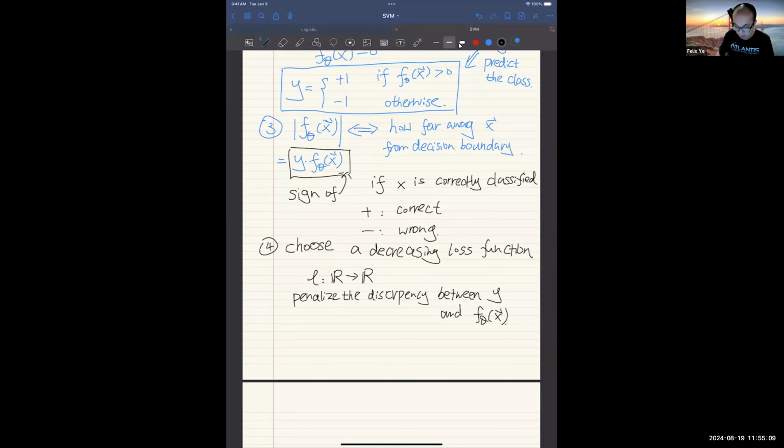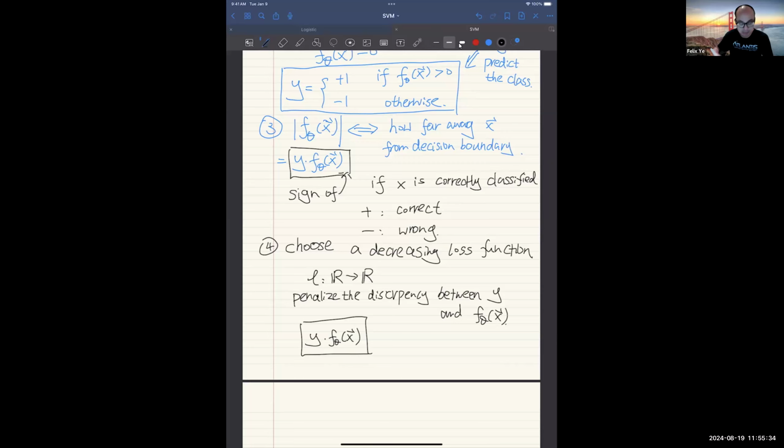So that's why we want to say, if y multiplied by f theta of x is small, I want this loss value to be large. If this quantity is positive or large, I want my loss function to be small.